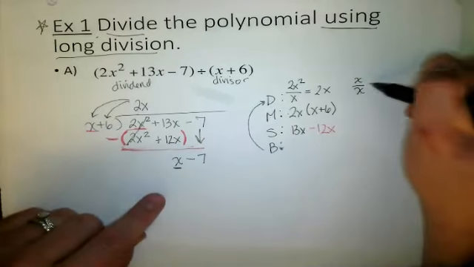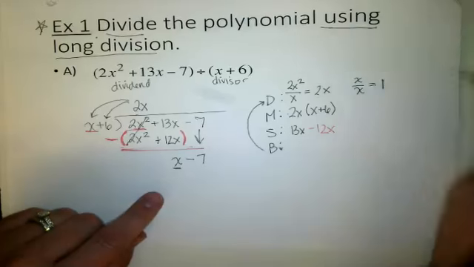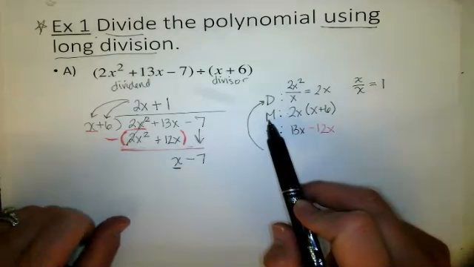What is x divided by x? How many times does x go into itself? 1 time. And that we write a positive 1 up top. All right, and then what's next? We divided, what's next? Multiply.